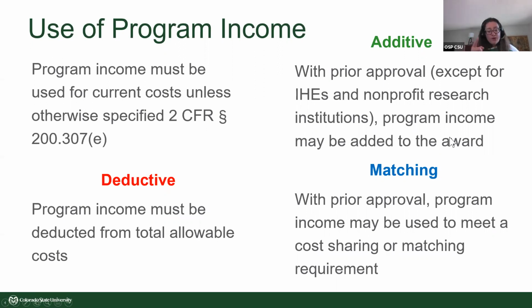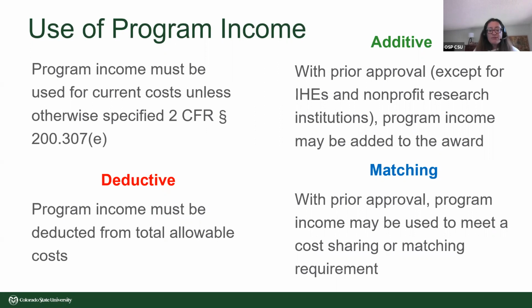If your award document and your agency guidance don't say anything about it, we are an institute of higher education, so the default is additive. There are times where program income must be deducted from our total allowable cost, or, as I already mentioned, with prior approval, we might be able to use that program income to meet a cost share requirement.